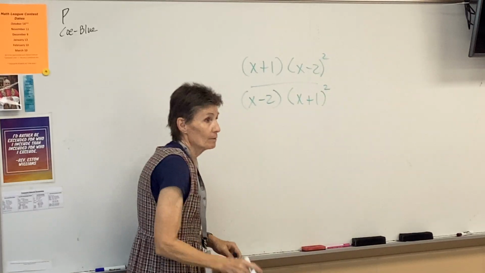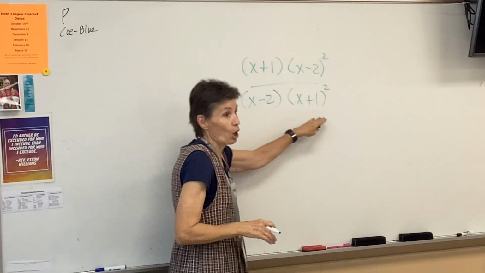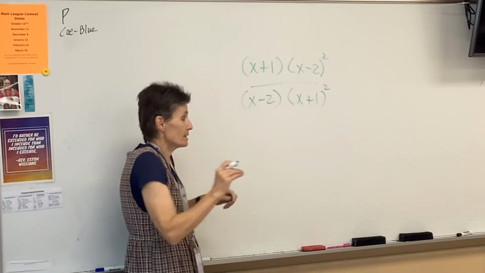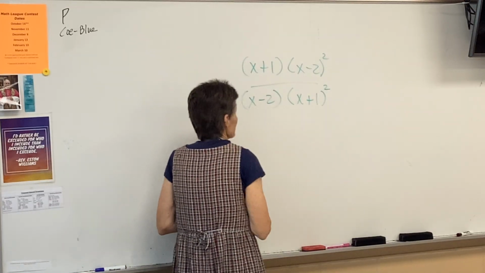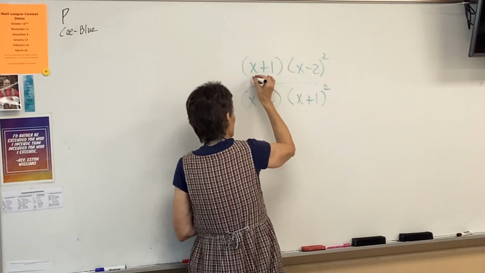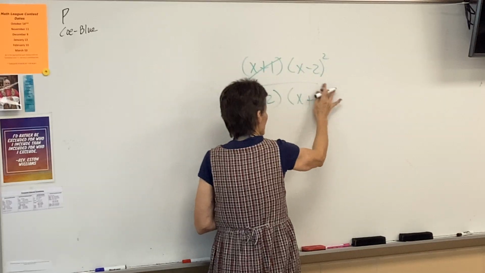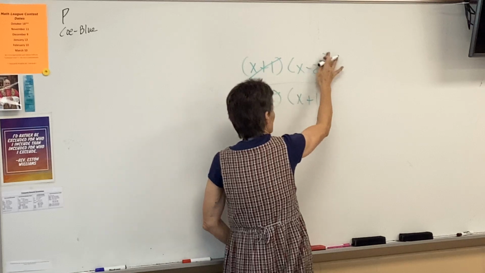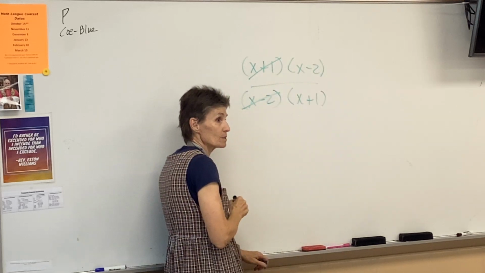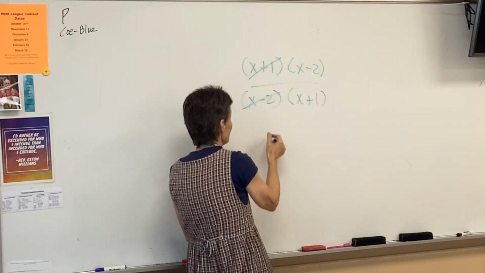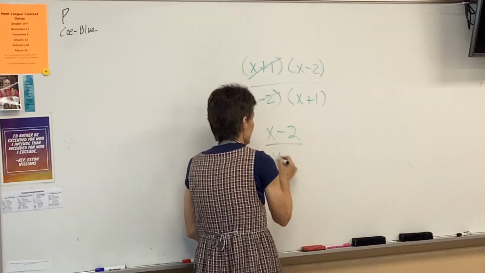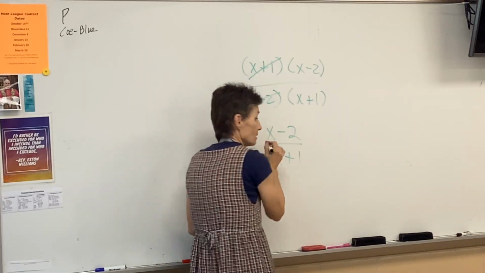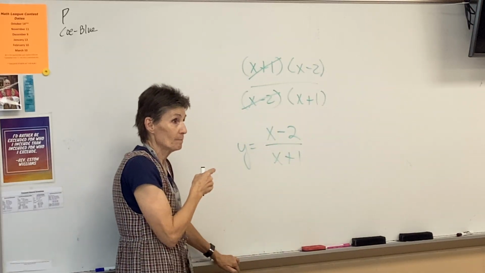Okay, so the first thing I'm going to do with discontinuities is see if I can simplify at all. So that can cancel out, leaving me with one of those. That can cancel out, leaving me with one of those. So my new problem is this. That's what I'm going to graph.